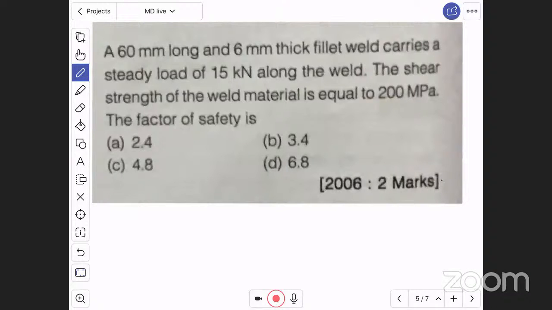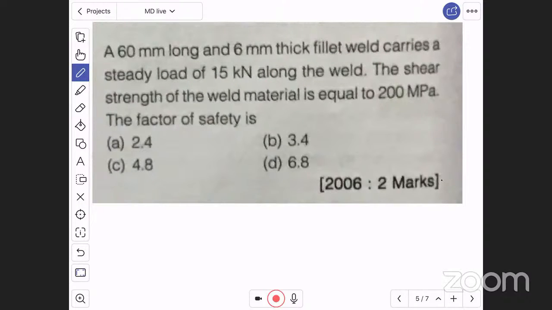Here the next question you will see on your screen. This question is also on fillet weld. The question was asked in GATE 2006 for 2 marks. The question is, a 60 mm long, 6 mm thick fillet weld carries a steady load of 15 kilonewton.